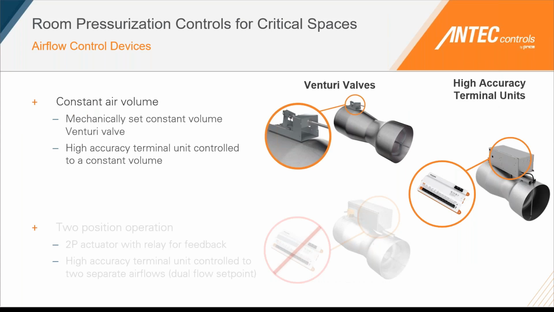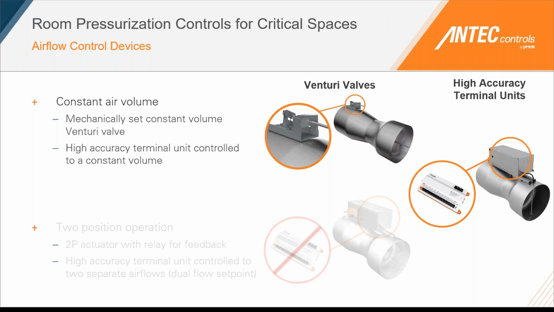Now, these air valve technologies can come in different configurations. If we're looking at a constant air volume application, with a venturi valve operating in a constant air volume CV application, we can provide a venturi valve with no controls and no actuators, with the lever arm fixed in a constant position, and that valve will allow us to control to a constant set point.